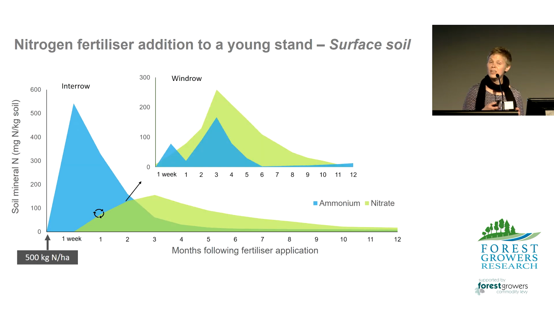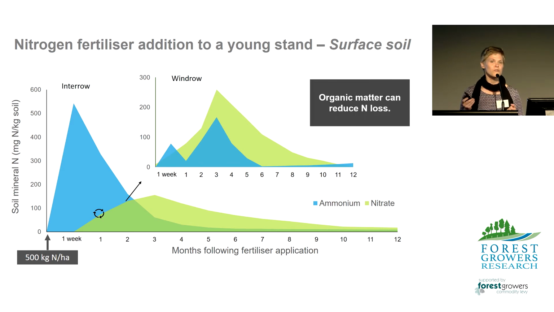Well, what we see looking at our different surface forms is that organic matter plays a huge role. When you compare the interrow to the windrow in those two graphs, what you see is in the interrow you get that huge pulse, and then essentially you're just slowly losing it over time. Whereas in the windrow you get these smaller pulses over time because that organic matter can hold on to your nutrients.